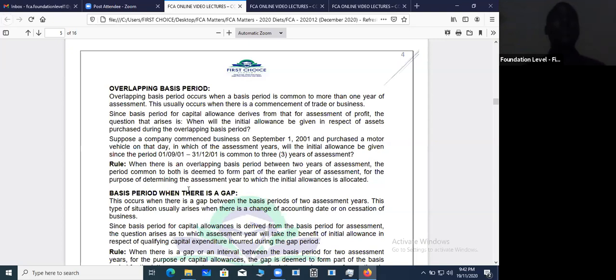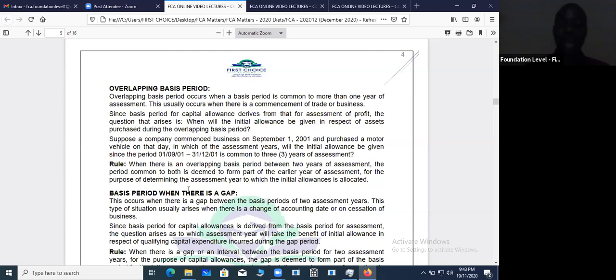If year 1 is ending December 31st, and that is when the overlap ends, year 2 capital allowance figure will start from January 1. So you see, there's no overlapping when you come with capital allowance. It eliminates the overlap. A good thing, the new Finance Act has helped us to see that for profit too, we can eliminate overlapping and gap.